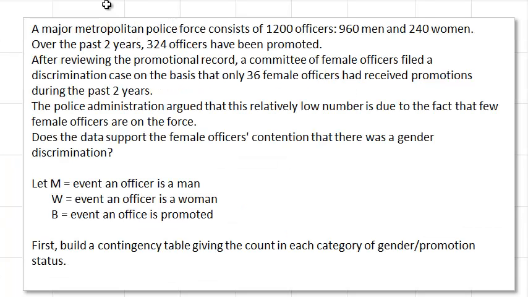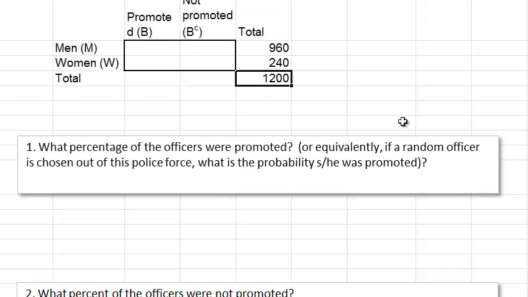And 324 officers have been promoted, and 36 were female. Going back, 324 were promoted, that's over here, and 36 were women, so that would be women who have been promoted, and that would be the count in that cell. Now it's easy to fill in the rest of the cells using the numbers that were given.